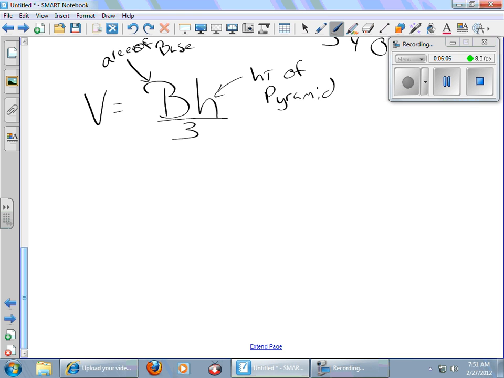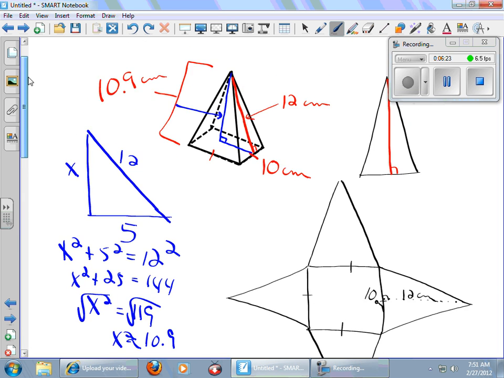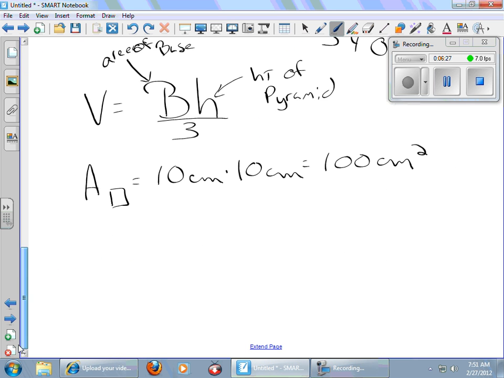Okay, so I know the base is a square. I know the area of the square was 100. How do I know that? Because I did it before. 10 centimeters times 10 centimeters equals 100 centimeters squared, right? Now the height of the pyramid, I used the Pythagorean theorem to figure out. The height of the pyramid is this number here. So that's 10.9 centimeters.